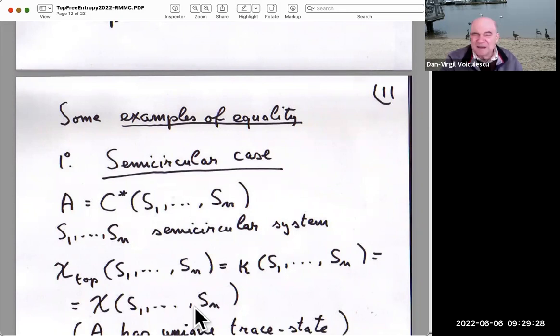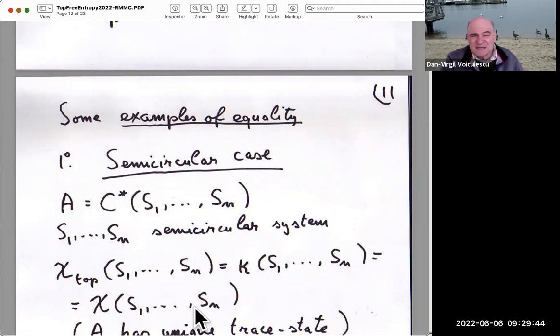That is the semicircular system, if you use the state which comes from the vacuum state for this Boltzmann Fock space.